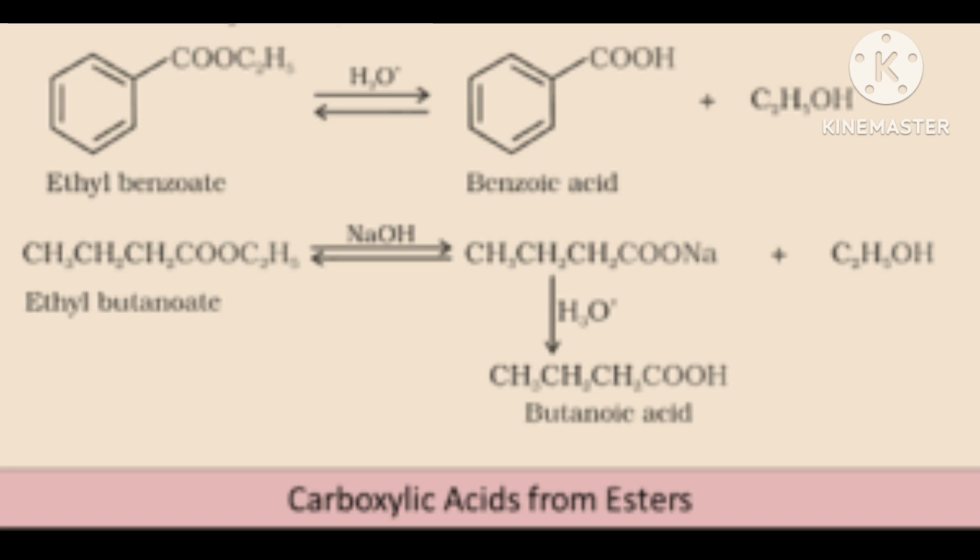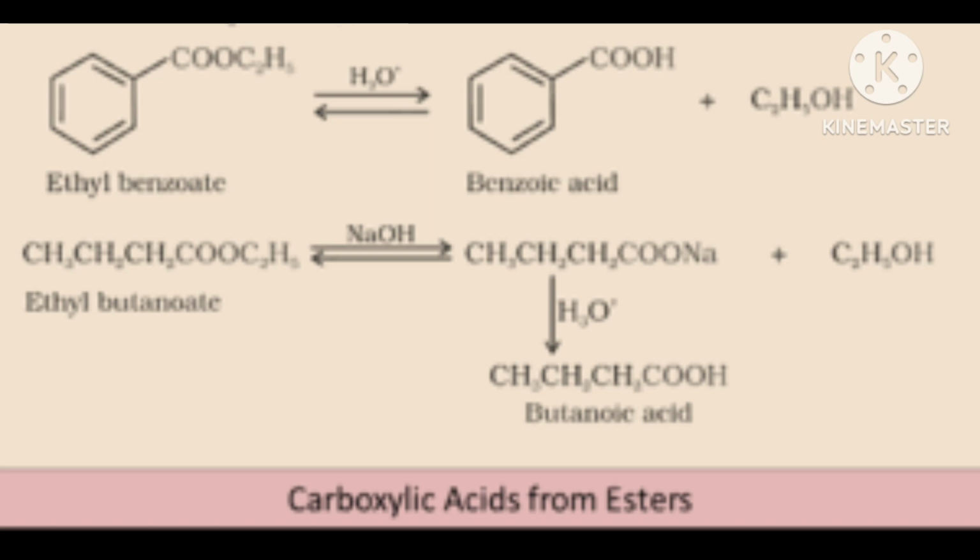Bromide converted to cyanide. Now always remember that cyanide can easily be converted to carboxylic acid on hydrolysis. Always remember, cyanide to acid. On hydrolysis, but you have to heat it, CN will convert to COOH.